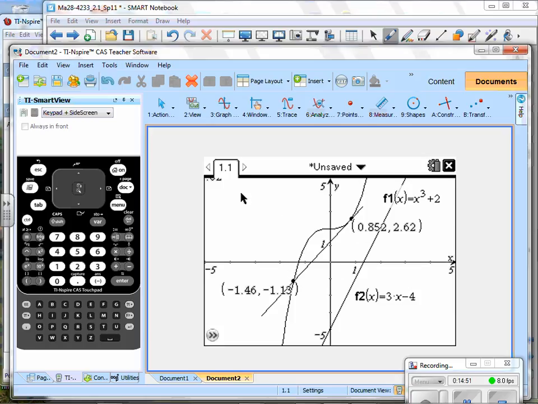Okay, so as I bring this closer and closer, the differences between the input values are getting to 0. What's happening to the slope of that secant line? It should become 3. Okay, now why isn't it becoming 3?